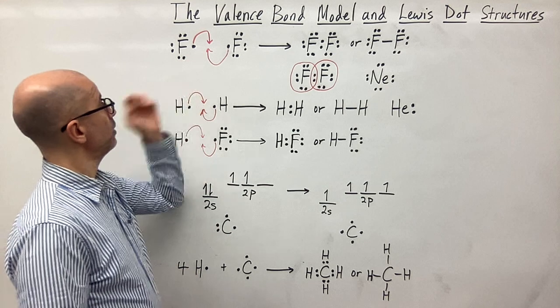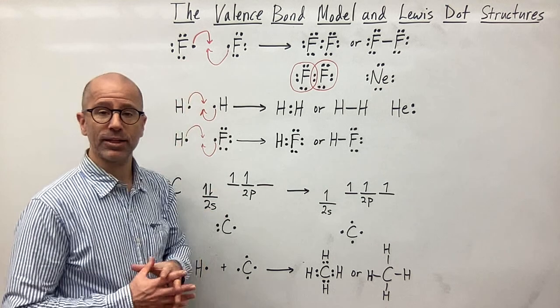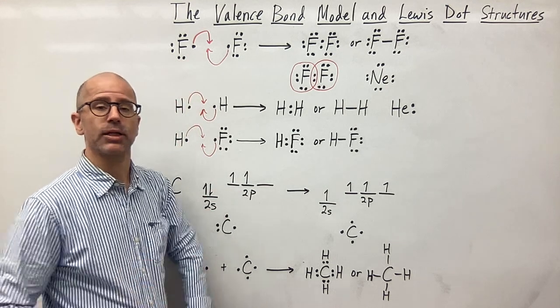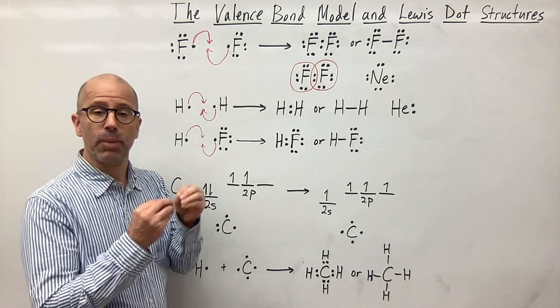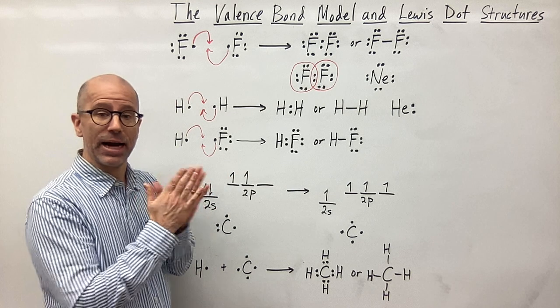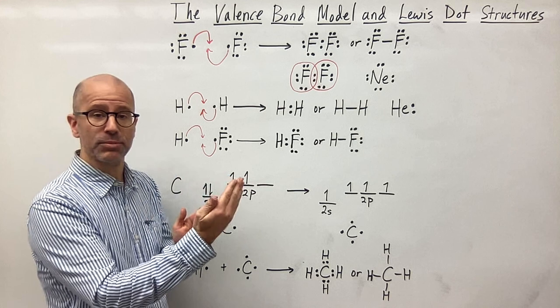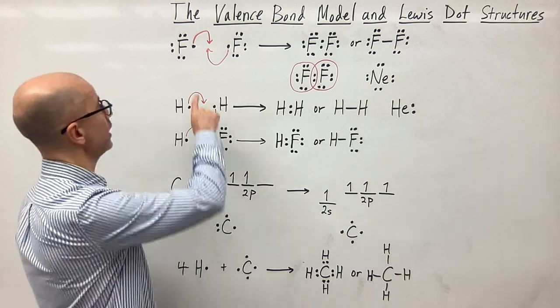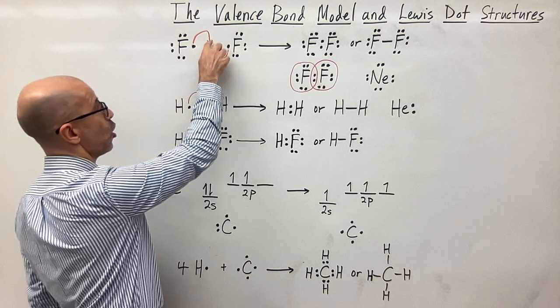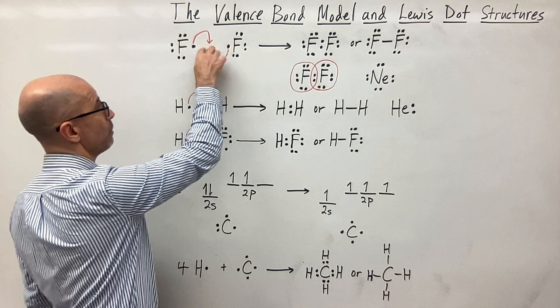And so here, the idea for the valence bond theory, or the valence bond model, is that unpaired electrons are going to come together to form bonds, to form a pair, and that pair is shared between the two atoms, therefore creating that covalent bond. So here this electron is donated to the bond.